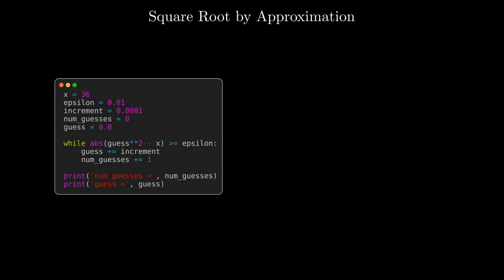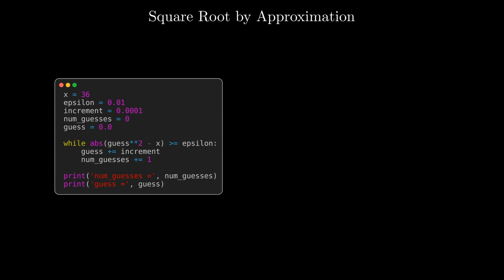Here is the code. First, we initialize. The variable s is the number we want the square root of. Epsilon is how close we want to be, set to 0.01. Increment is how much we nudge each step, set to 0.0001. We keep a counter, num guesses starting at 0, and a guess also starting at 0, which we know is too small. Now the loop does all the work.